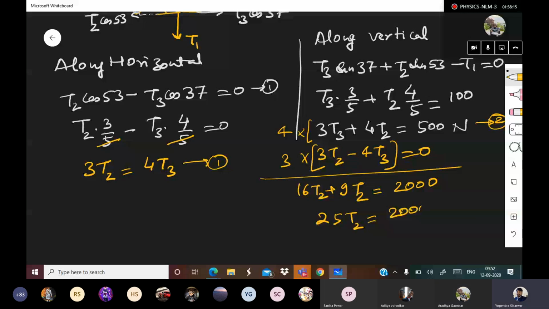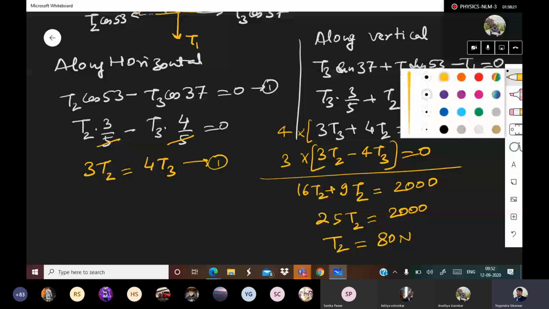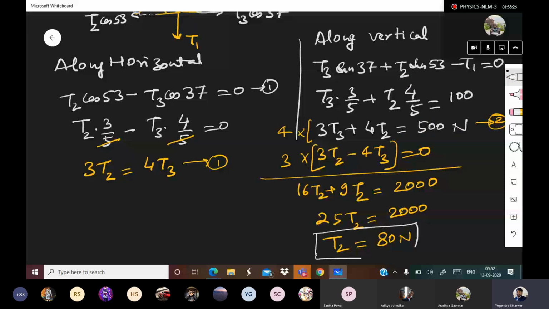So that gives us T2 is equal to 80 newtons. And now let us put it here.